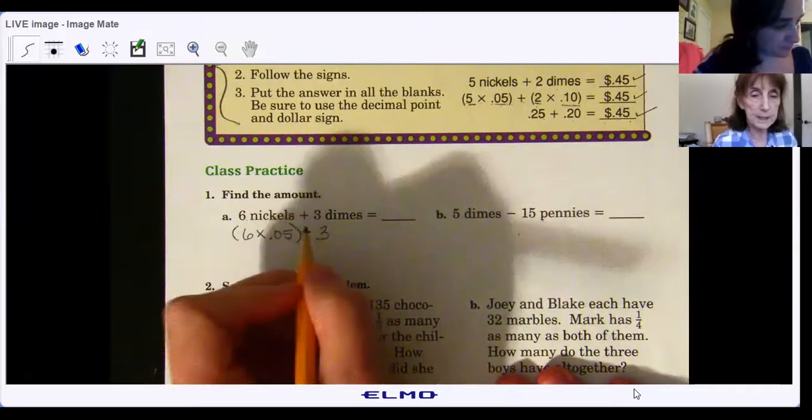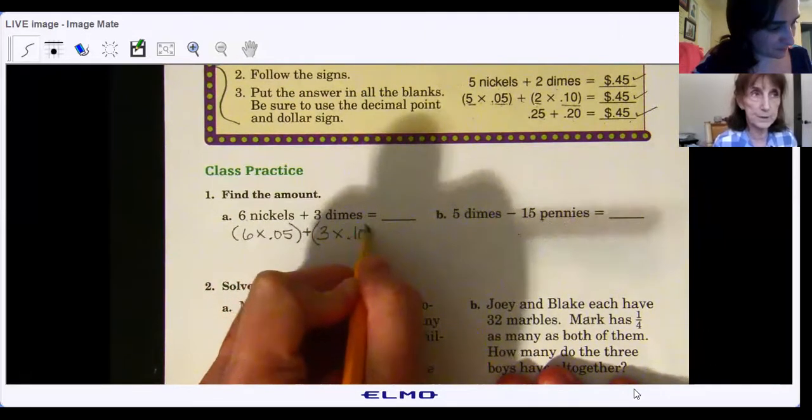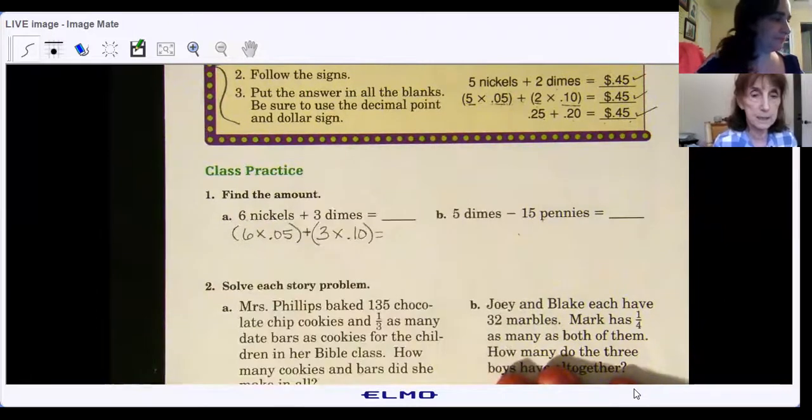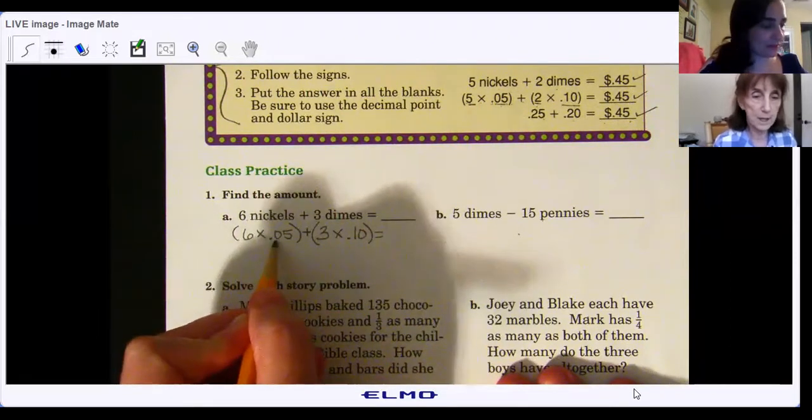So 3 times, a dime is worth 10 cents, so 3 times 0.10. Equals. All right, 6 times 5, let's go back to the beginning. 6 times 5 cents is 30 cents.